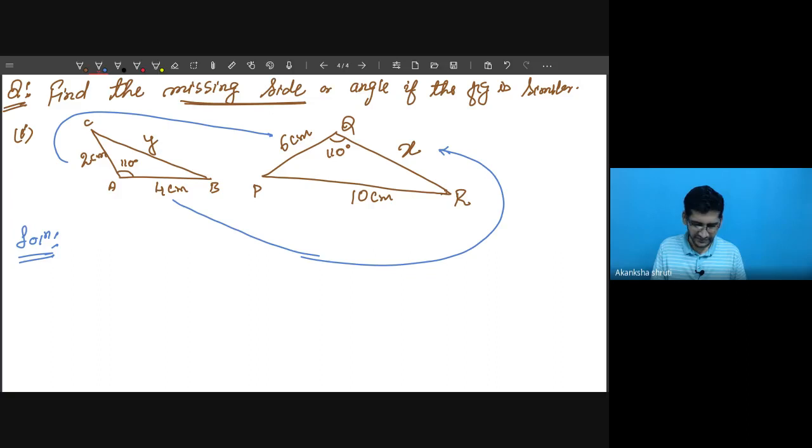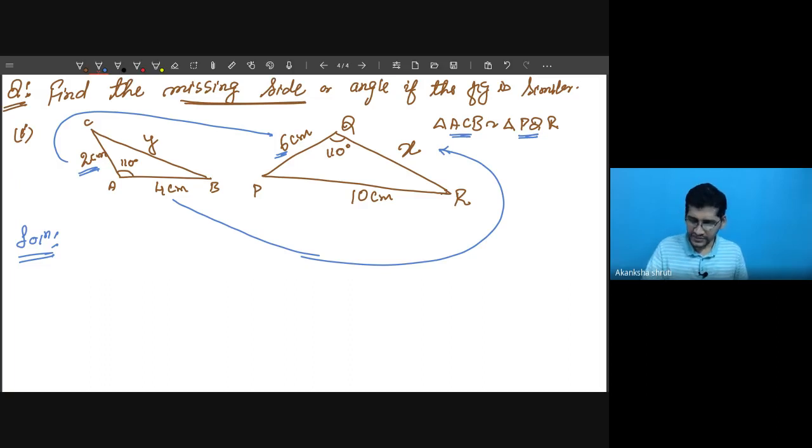Say, if it is specified like this, triangle ACB is similar to triangle PQR, then it is obvious that this AC, which is 2, is matching with PQ, which is 6.